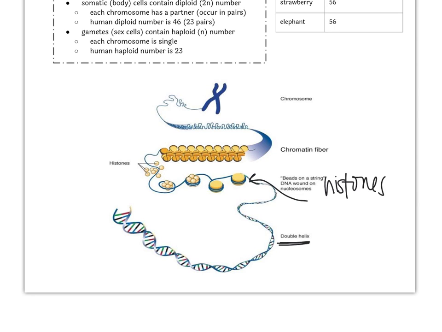And then those histones have an attraction to one another, so they like to clump up together and make chromatin, which is just basically long strands. And then those strands get coiled to form chromosomes.